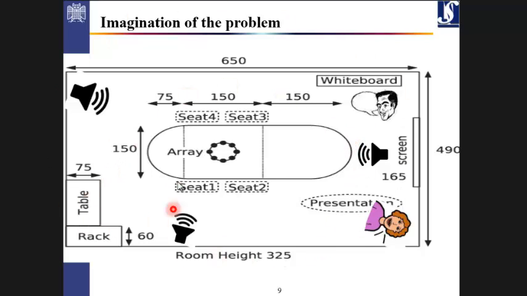And there are a lot of other objects inside the room. We don't care about the objects, but the point is that these objects can create dispersion and reverberation and make the entire reverberation of the room nonlinear and completely random.